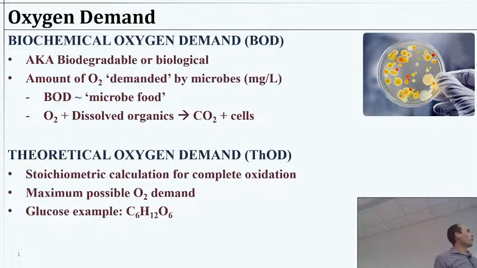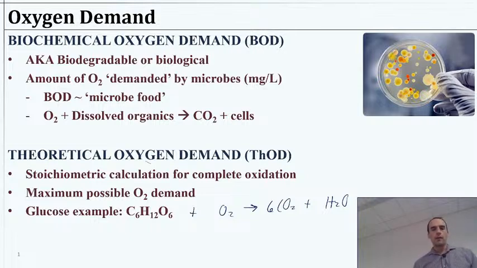So for example, for glucose, we might say there are 6 carbons here. So we might take some number of oxygens and we'll create, let's say, 6 CO2 and some number of waters. And we could balance that equation and find exactly how many oxygens we need and how much water we're getting from this reaction.